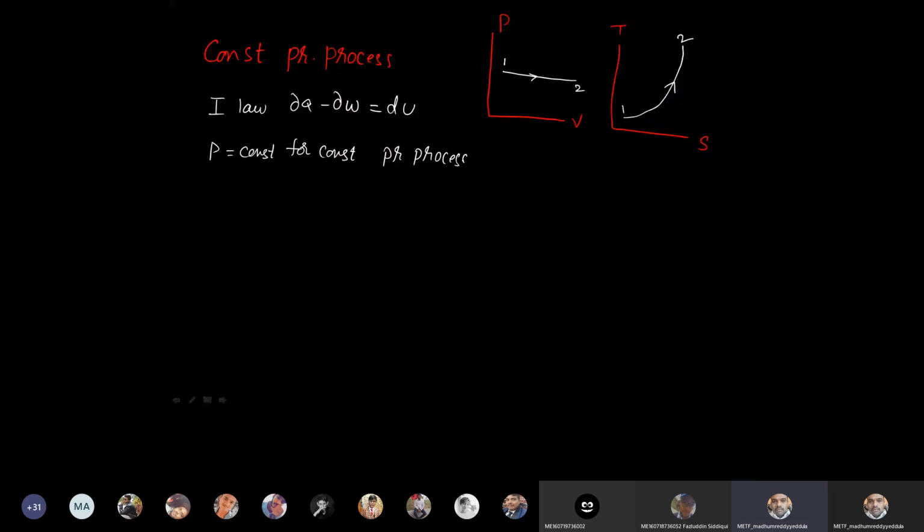We know PV is equal to RT. When P is constant, I can say V by T is equal to constant, which implies V1 by T1 is equal to V2 by T2. So far, is it clear? Yes, sir. V1 by T1 is equal to V2 by T2, right?